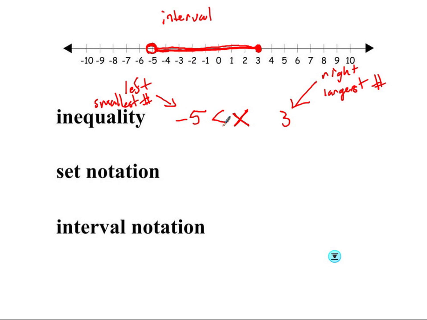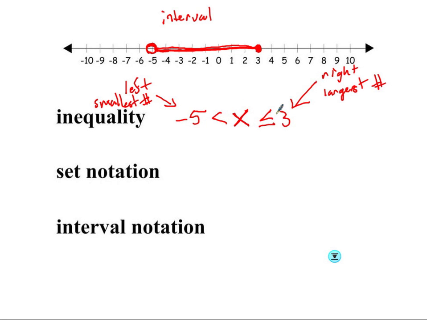And if I had it to where negative 5 is larger than x, well, what values are smaller than negative 5? Then it would be negative 6, negative 7, negative 8, and you'd basically be going this way, which is not where the interval is at. The interval is at between negative 5 and 3, so we have to use less than.